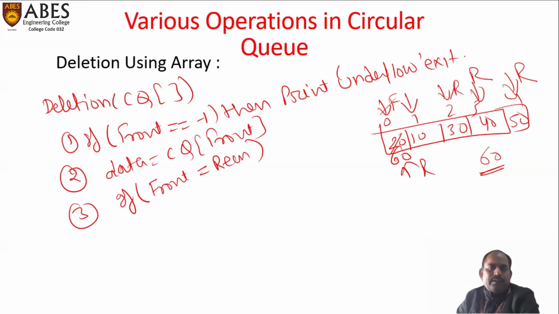If we have deleted 10 at this one, okay, front is at this position. If we have deleted 30, then front is at this index. If we have deleted 40, then front is at this index. Here we can see the values of front and rear are both the same.